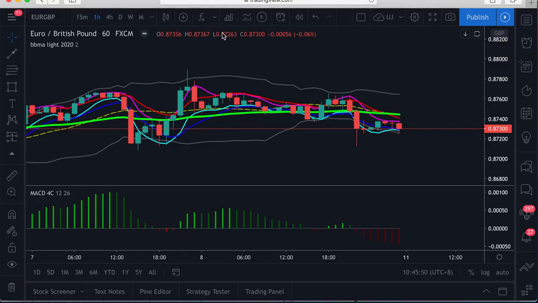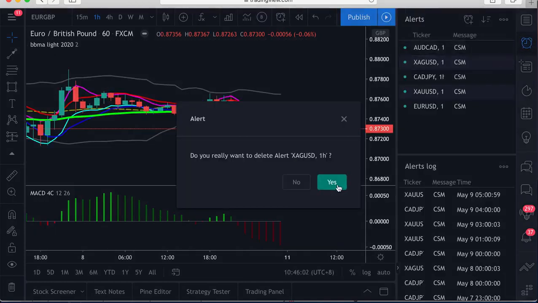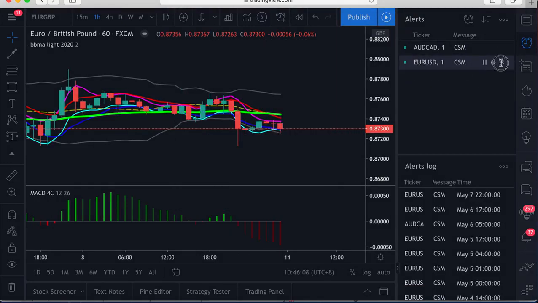So we wait for the CSM. As usual, we would do our alert as we always did.